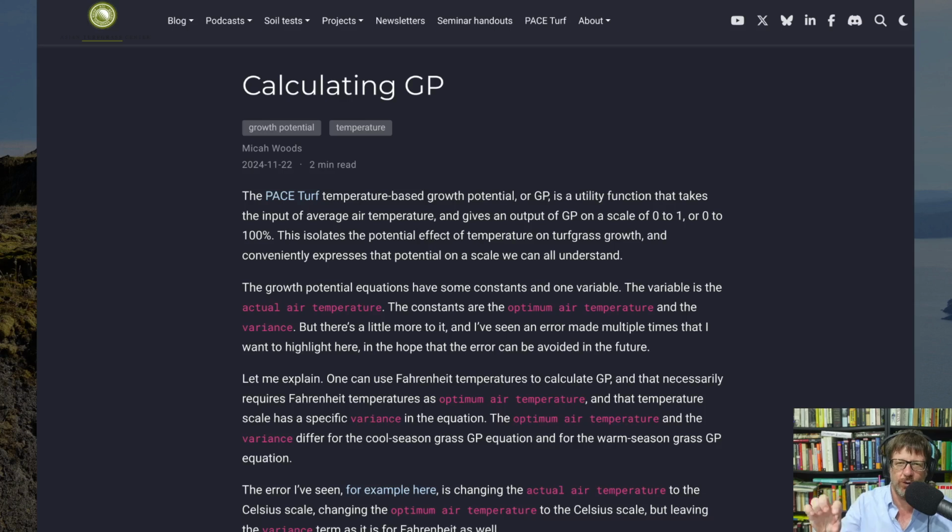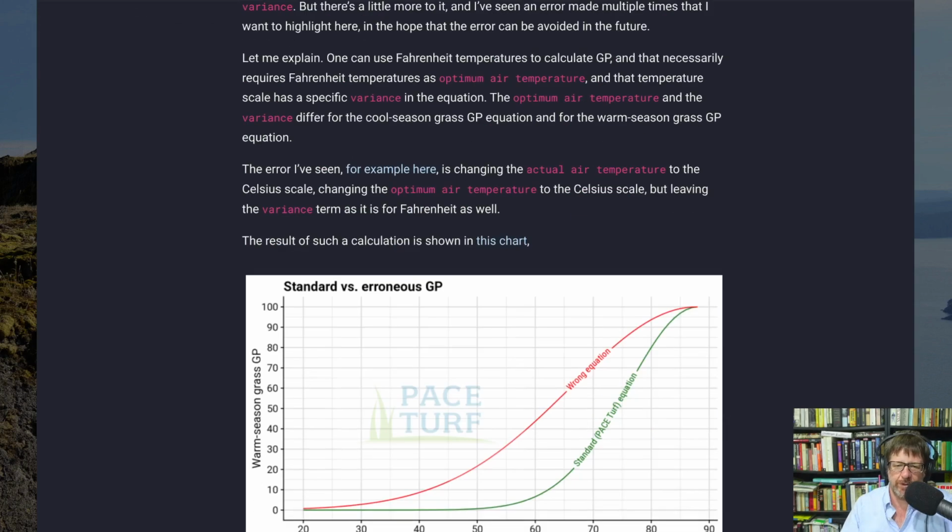If you plot the growth potential for every single temperature that you could possibly have on the planet Earth, you would get a curve because it is peaking at a high level at close to 100% when the temperatures are close to an optimum for the grass to grow, and then the growth potential goes down as we move far away from the optimum growth temperature.